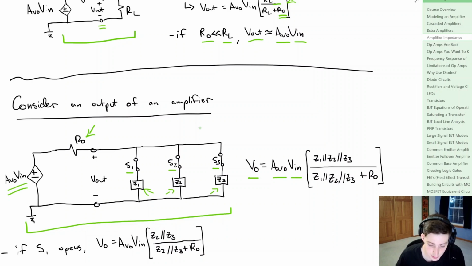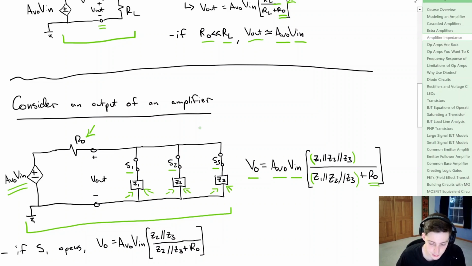If we want to look at the output voltage, we have a voltage divider where we simplify all of our Z1 through Z3, and then we have our output impedance. So this is the equation that we have for our output voltage. Now let's say each one of these impedance blocks, Z1, Z2, or Z3, is something like a speaker.